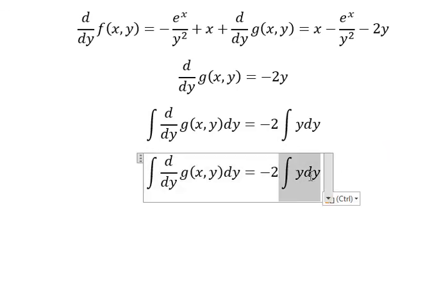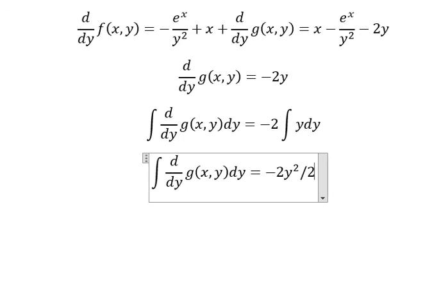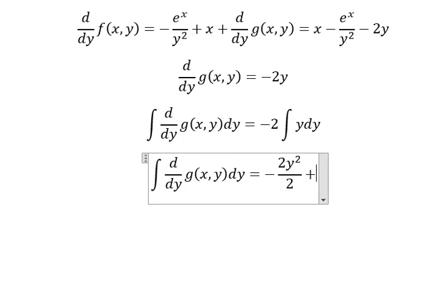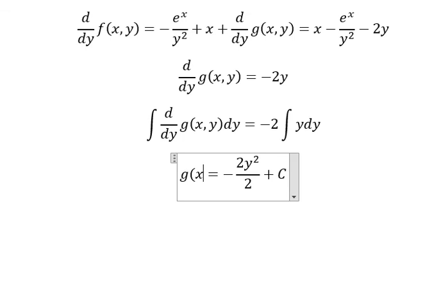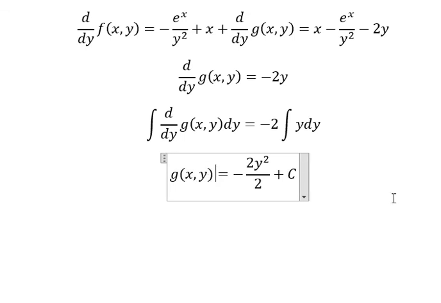So the integration of this one, we have y square over 2, and I will put about c. This one I will have 3xy. And now we simplify.